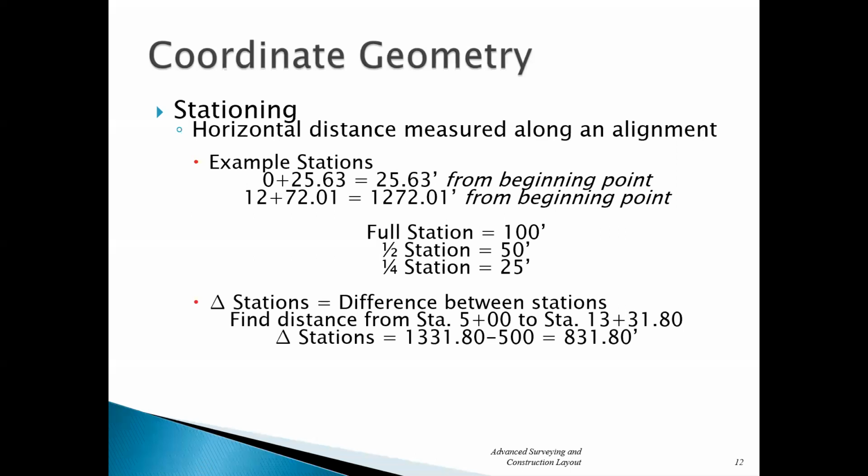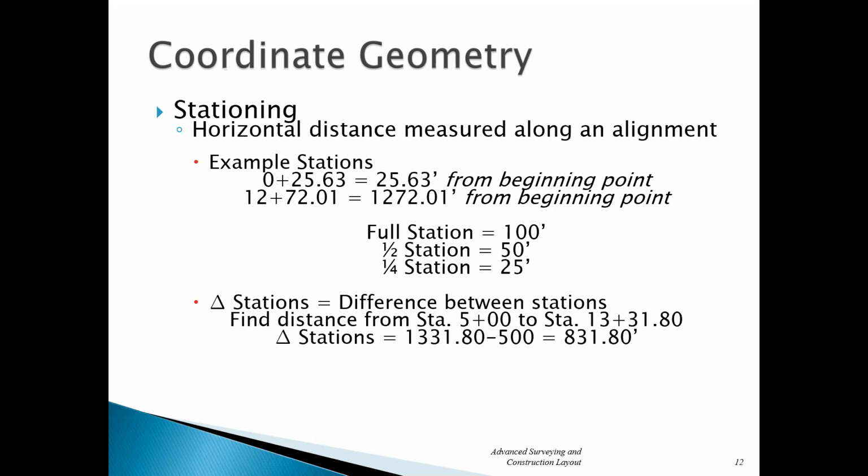When you do other things, you're going to be at a half station or quarter. So when you hear the term full, it's 100. If you're half, that's 50, and at a quarter station, you're 25. Highways don't normally go much below quarter stations unless it's something unique that has to happen, like a catch basin. Then they'll have a different station on them.